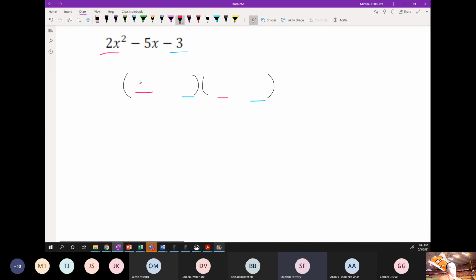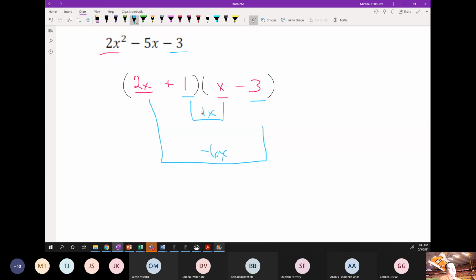So for the first one, it's 2x plus 1. And for the second one, it is 1x minus 3. So Farley said 1 times 3 is negative 3. 2x times x, let's check his work. That equals 1x. That equals negative 6x. Add those together, I'm going to get negative 5x. Perfect.